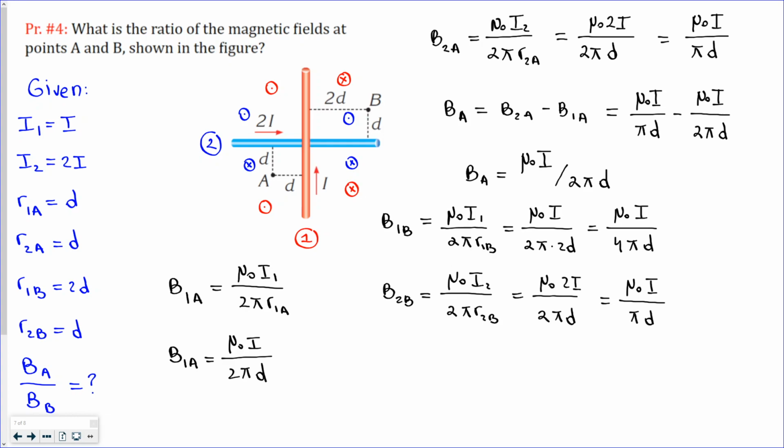Now, it's obvious that B2B is bigger than B1B. That's why the net magnetic field at point B will be equal to B2B minus B1B. What do we have here?